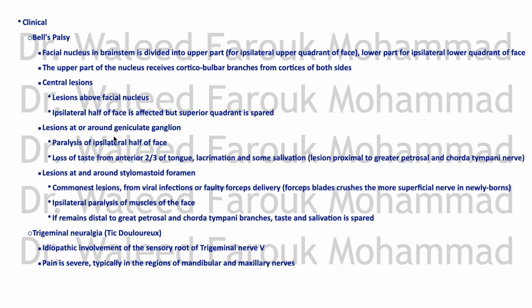He can't close his eyes properly. The eye will always be open, so lots of tears accumulate in the eyes. He can't activate the buccinator, so he cannot whistle. The food always dribbles and saliva always dribbles at the side of the paralysis, because we said that the buccinator pushes the food inside against the teeth. Okay?